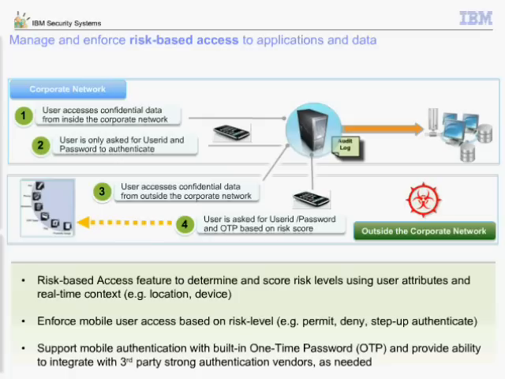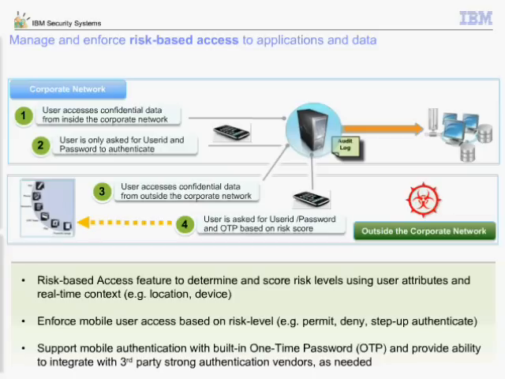Going over to slide number 9, this gives you a perspective of how you can use risk-based access to applications and data within your infrastructure. The example you see on this slide is an example of using geolocation to figure out the risk score of the user.